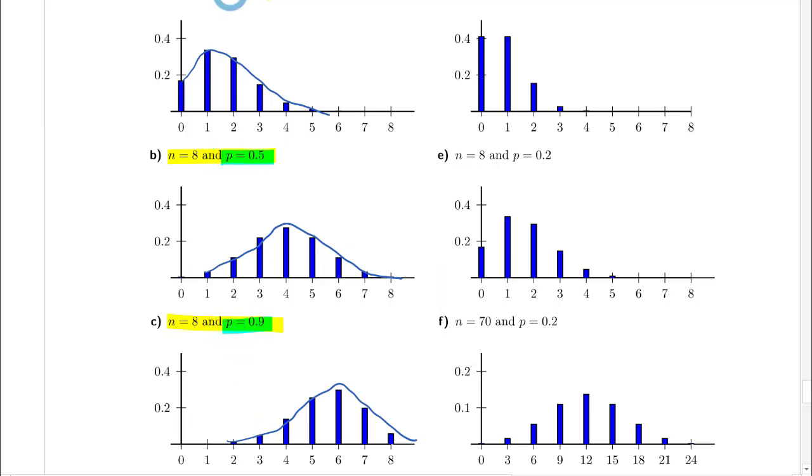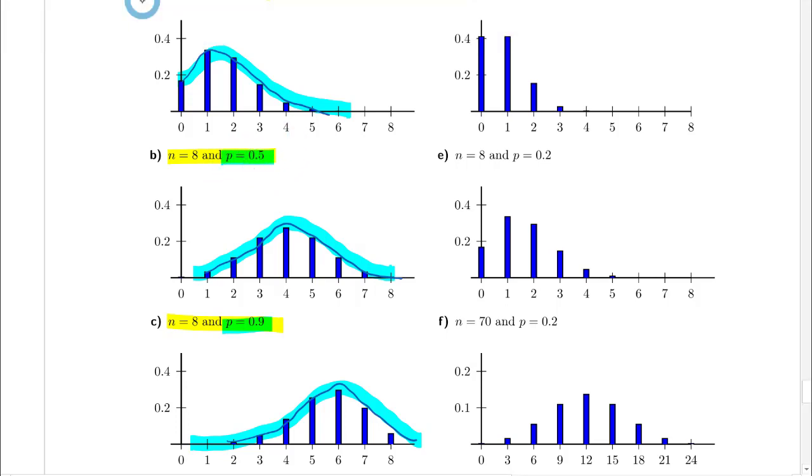When the probability is 0.2, it's skewed right and tails off to the right. When the probability is 0.5, which is a half or 50%, it gives this nice little bell curve. And when the probability is close to 0.9, it actually ends up being skewed left. So there's something special about the probability of success being 0.5.